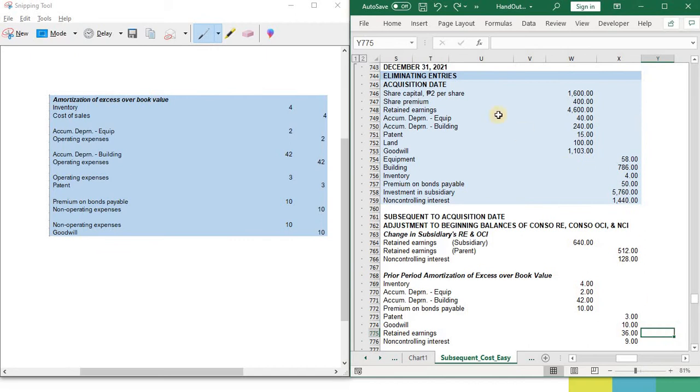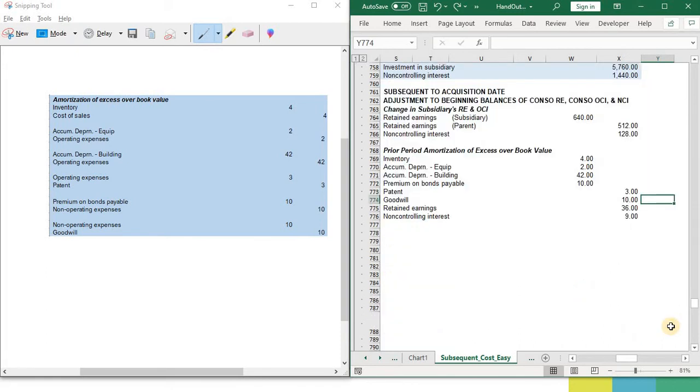So let's check whether after these eliminating entries, the consolidated retained earnings and non-controlling interest beginning balance are now established for January 1. So let's start first with the consolidated retained earnings. Again, the composition of the consolidated retained earnings is the retained earnings of the parent for consolidation purposes, and the increases in the subsidiaries' retained earnings subsequent to the acquisition date.